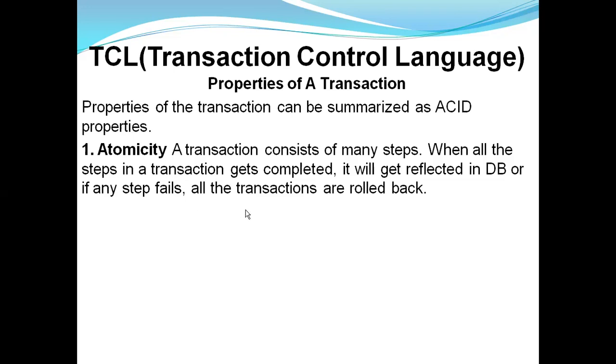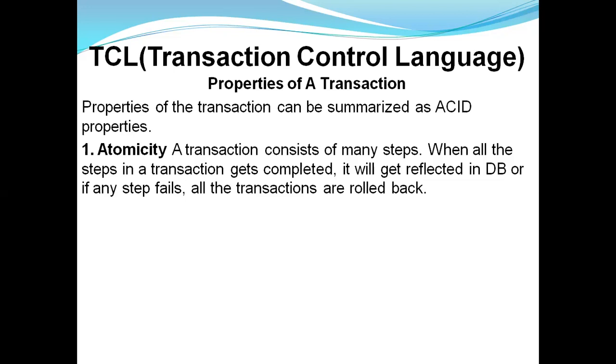The property of transaction says that a transaction consists of many steps. In our case, the example we have taken, there are two steps: one update in friend's table, one update in your table.